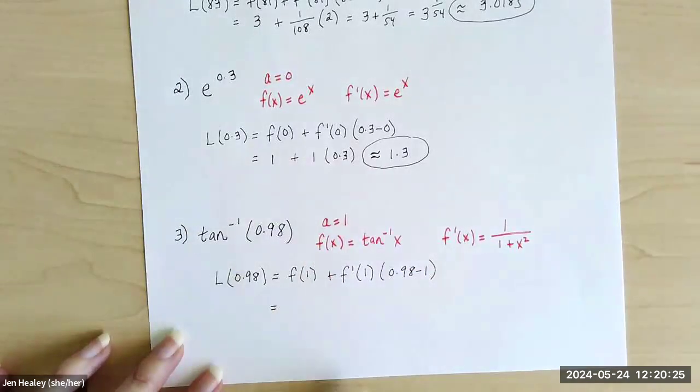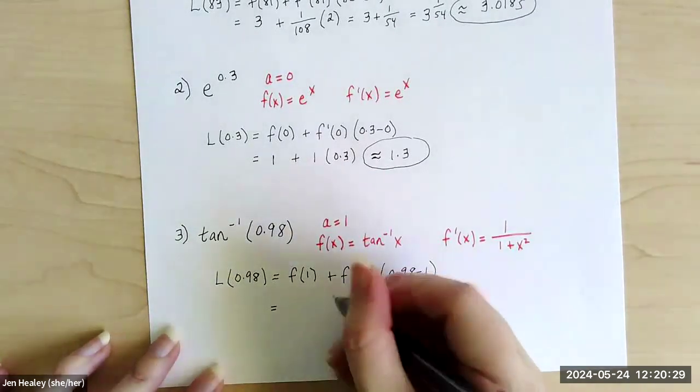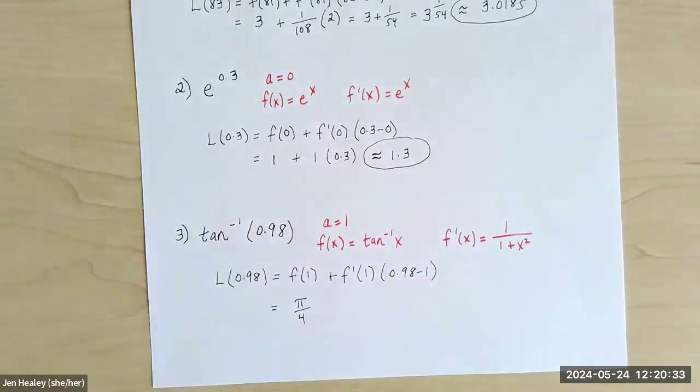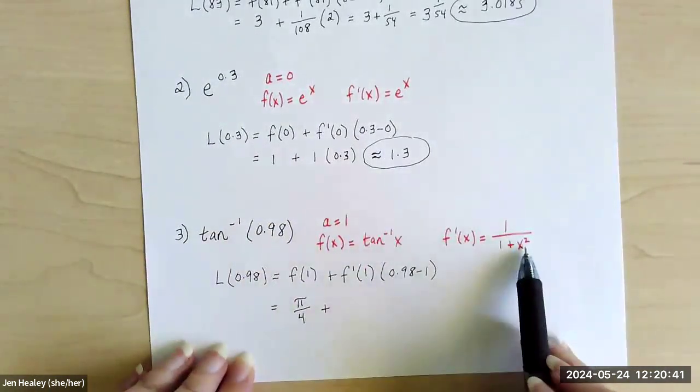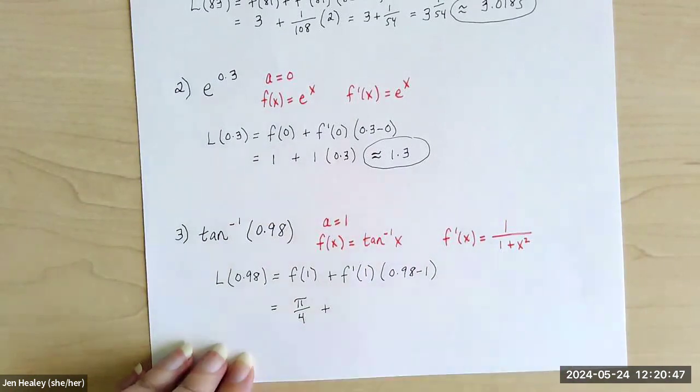And so if we plug in 1, tan inverse of 1, we already said that one's pi over 4. That's the one angle where both the sine and the cosine give us exactly the same thing. And then when we plug 1 in over here, 1 squared is just 1 plus another 1. So this would be 1/2 on this side. Is that okay?